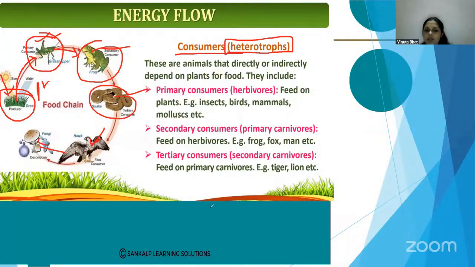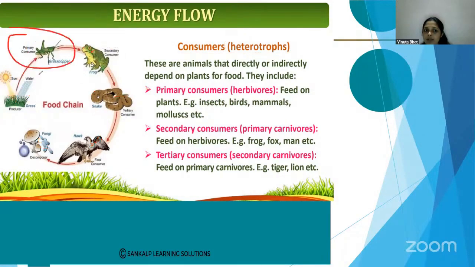Primary consumers are herbivores, for example the grasshopper, or a rabbit. Secondary and tertiary consumers are carnivores, meaning they eat only meat and meat products. The flow of energy takes place in this food chain.